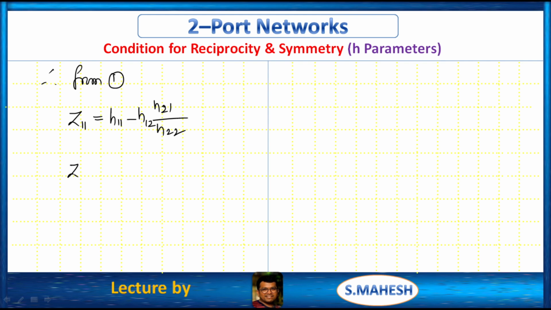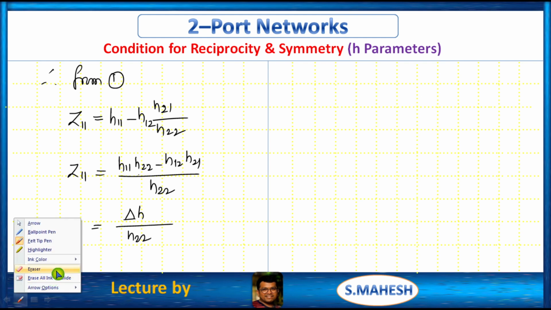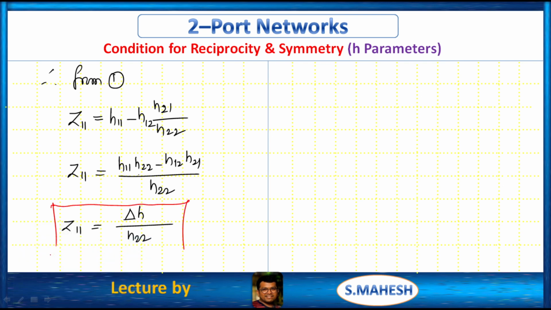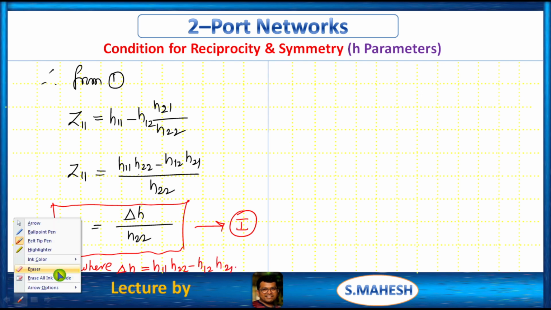So Z11 = (H11 H22 minus H12 H21) by H22, which can be written as delta H by H22, where delta H = H11 H22 minus H12 H21. Now Z11 is completed.